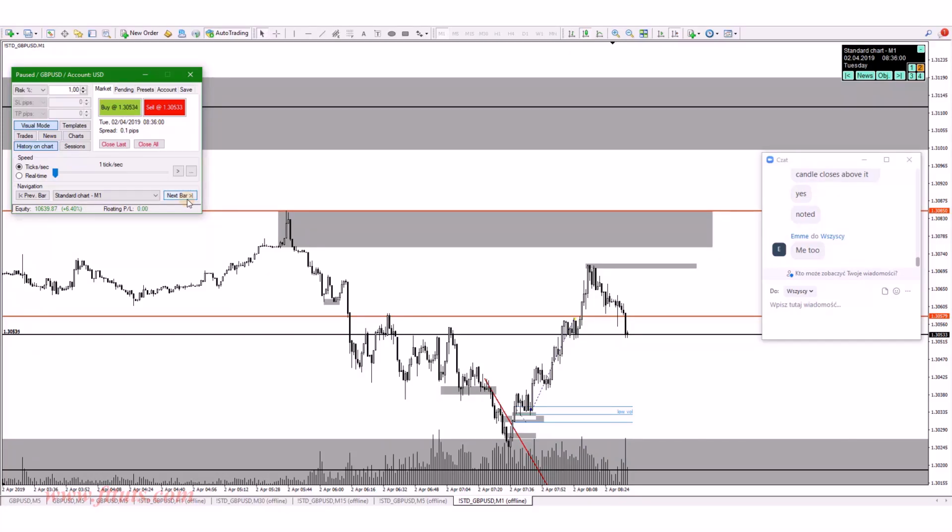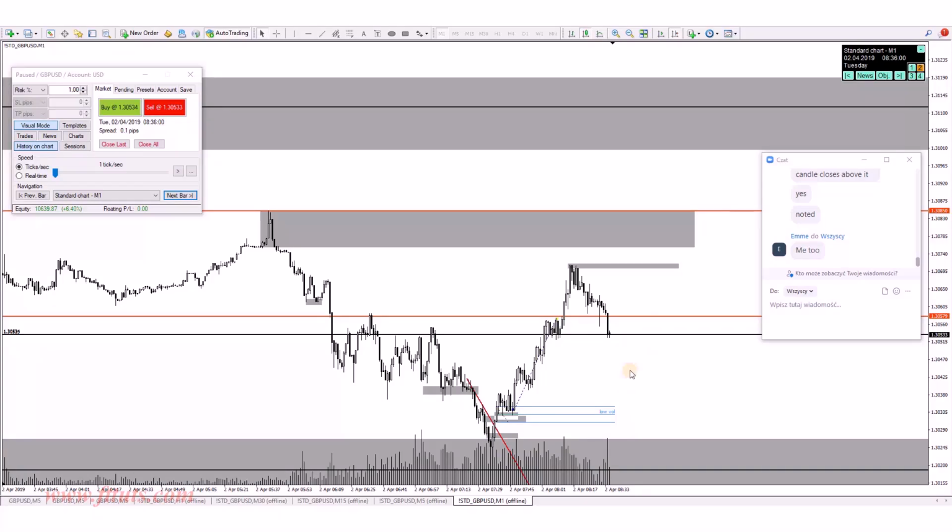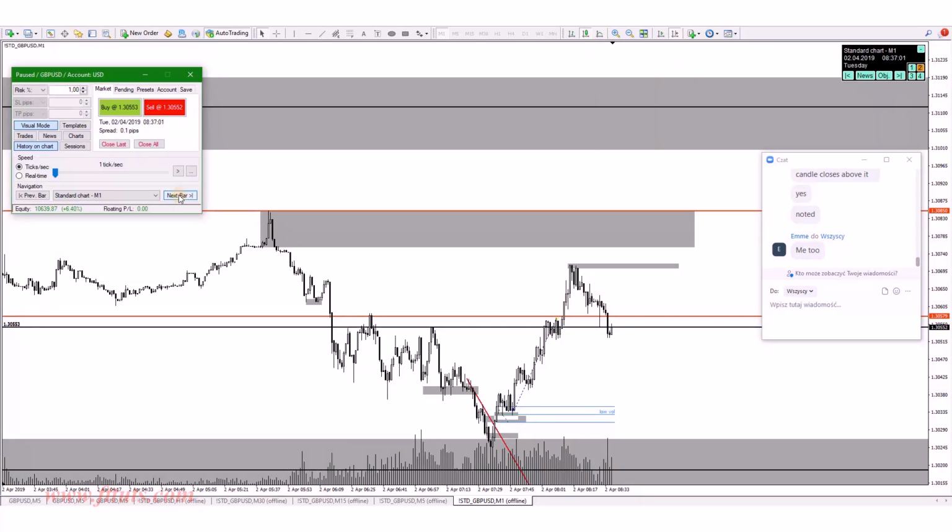Oh, I didn't expect such a move. So now maybe there was also some imbalance. Without footprint I couldn't know.